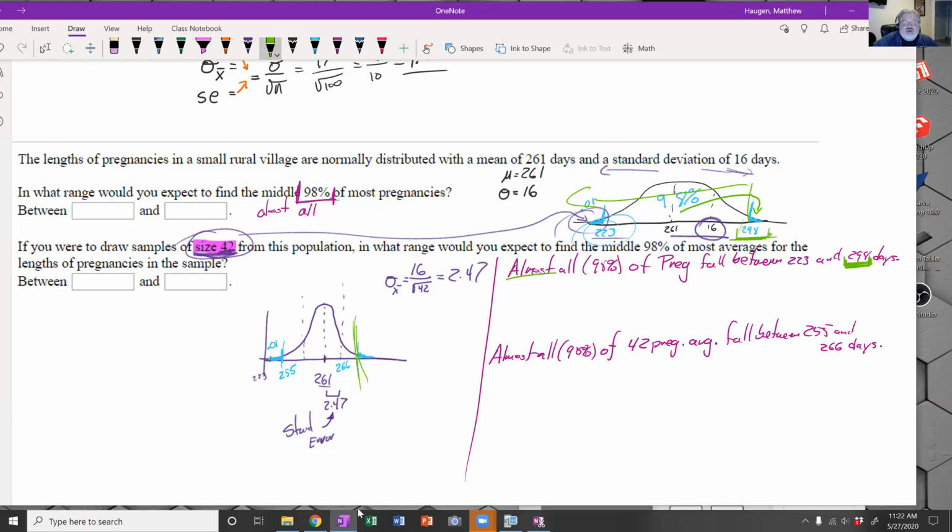So how many should you get as the clinic helping provide vitamins for these 42 pregnancies? You should get enough for 266 days for each person. That way, even if you do have some of these extremes, they're going to average out with some of the lower values. And that 266 is the highest, 98%, the highest you would expect your 42 person average to end up being.